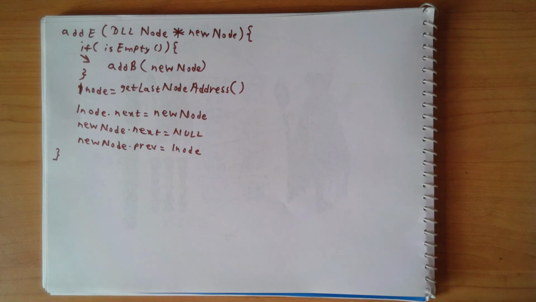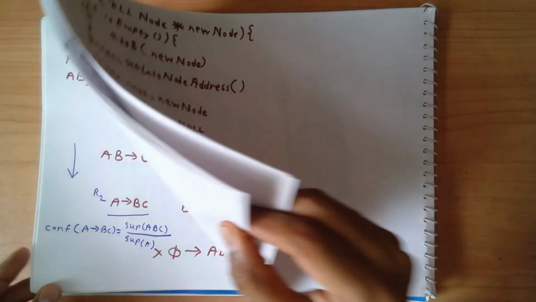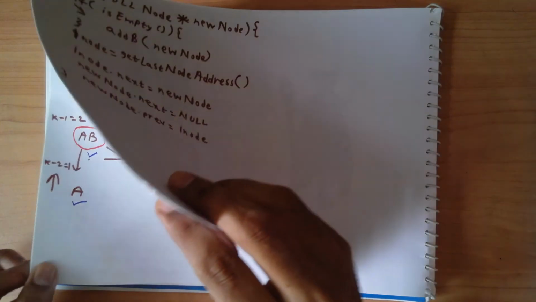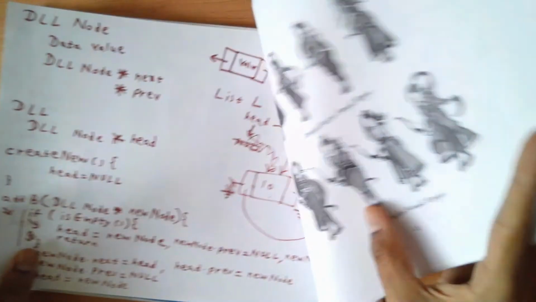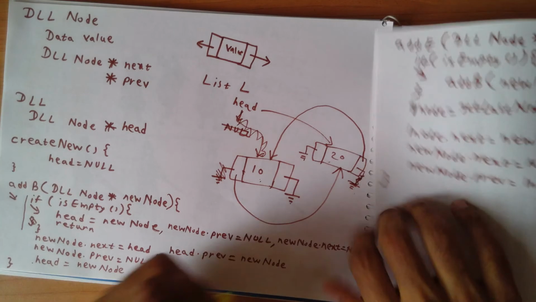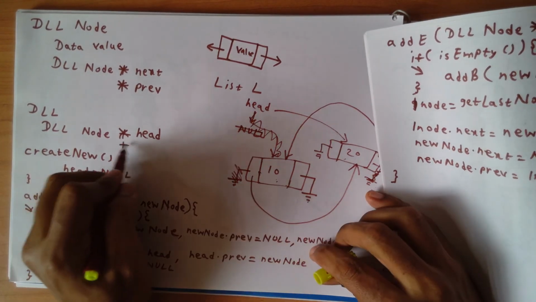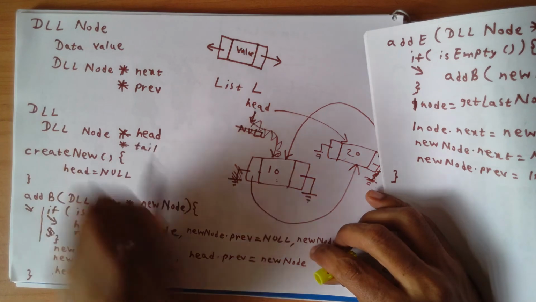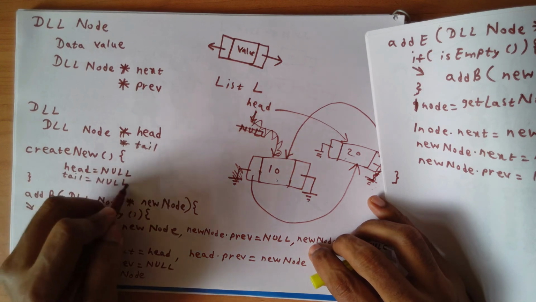So let's assume that we are maintaining a tail pointer in our doubly linked list now. Let's go back to the specification of our doubly linked list where we defined everything. We had the head node, and now let's also add a tail node there, indicating the last node. In that case, we have to say that head is null as well as the tail is null.